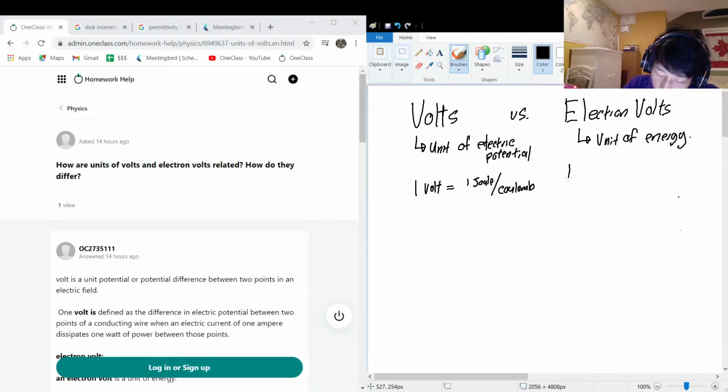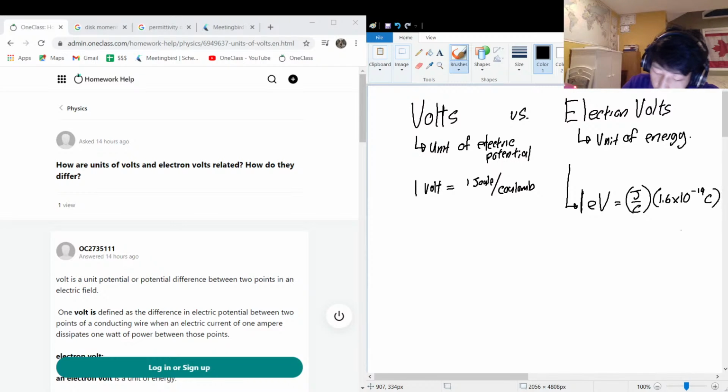Now let's actually do that calculation. So 1 electron volt, electron volts are written as lowercase e uppercase V, is equal to 1 volt multiplied by the charge of an electron. So 1 volt, let's rewrite that instead as joule per coulomb, multiplied by the charge of an electron, which we know is 1.6 times 10 to the negative 19 coulombs.